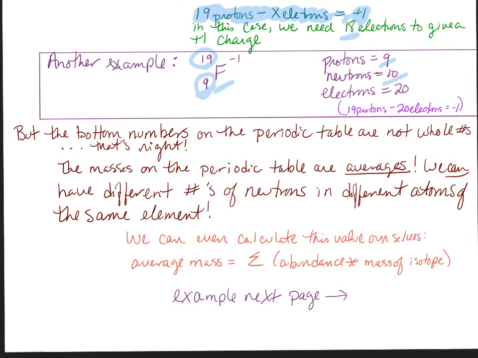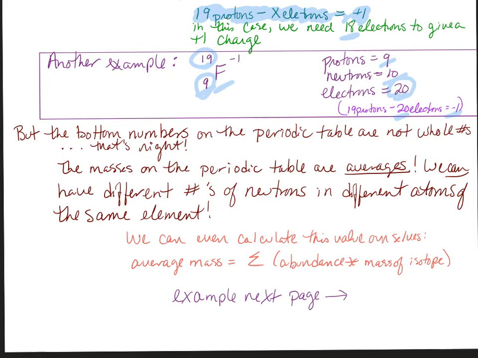And in this case, we're going to have more electrons than protons, because we would subtract more electrons to give us a negative number. So yes, it's weird. You have to add electrons to get to a negative charge, or you have to subtract electrons to get to a positive charge.